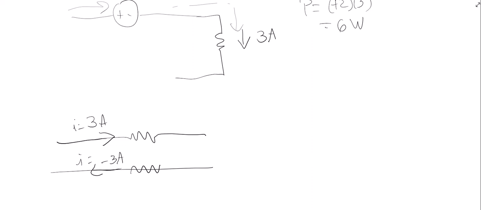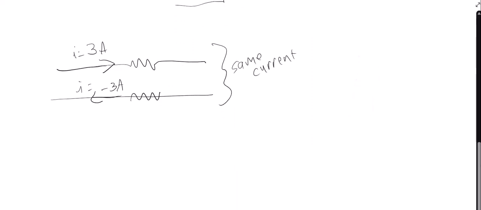So these are the same current. So the negative sign means it's the same as if it was going the other direction in the positive sense.